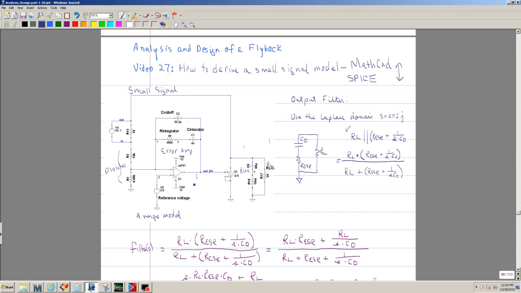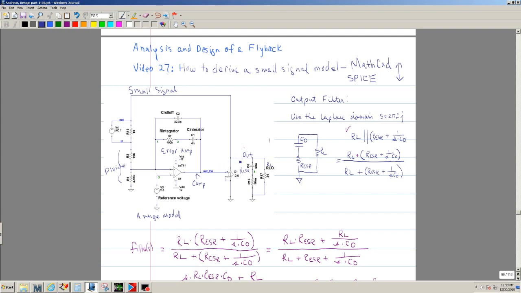This is often called the compensation pin. After the compensation pin, he goes directly to the output. So this is the output, and that is fed back to the divider.